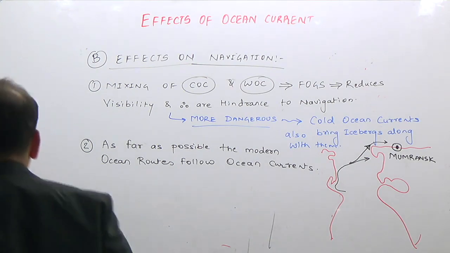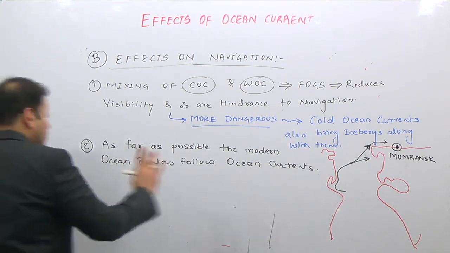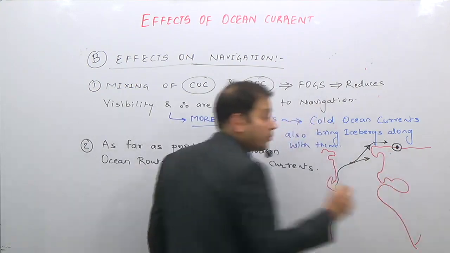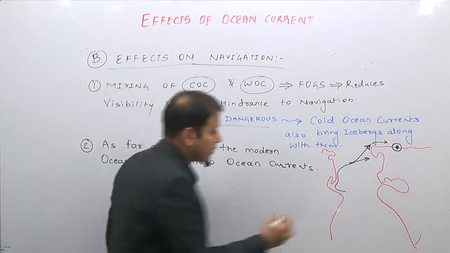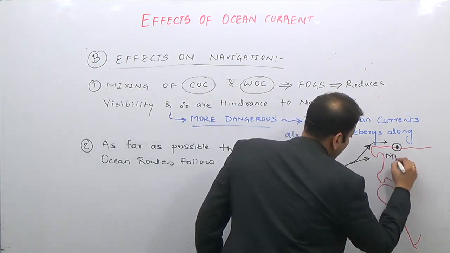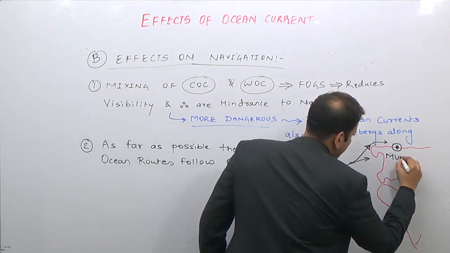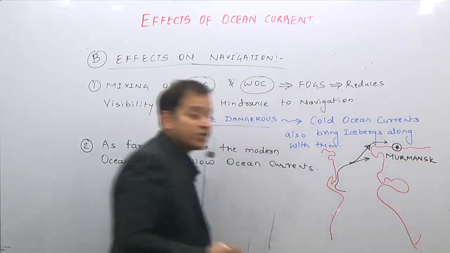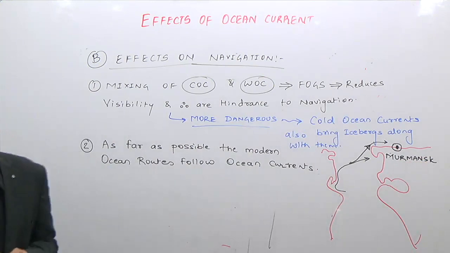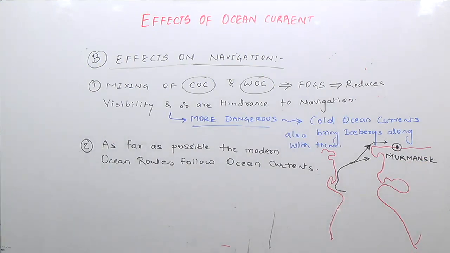So this port of Russia, Murmansk, is the port of Russia which remains ice free throughout the year.